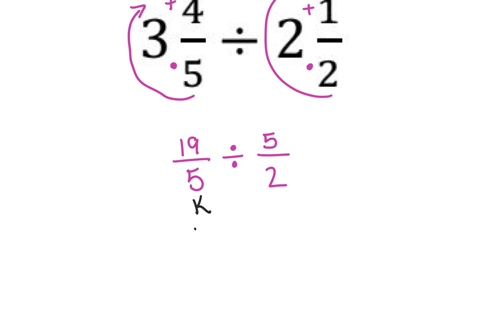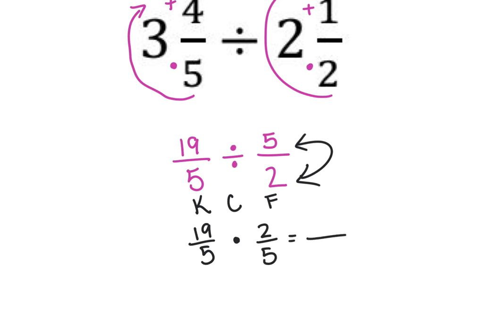Now you can keep, change, flip. Multiply straight across the top, straight across the bottom. Now, this is an improper fraction, so it would be appropriate to simplify this and turn it back into a mixed number.